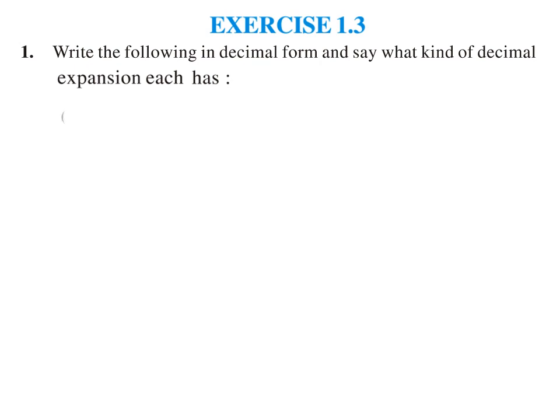The first question is 36 divided by 100. We know how we can write this. It can be written as 0.36. So which kind of decimal expansion is it? It is a terminating decimal expansion. So my answer will be terminating.